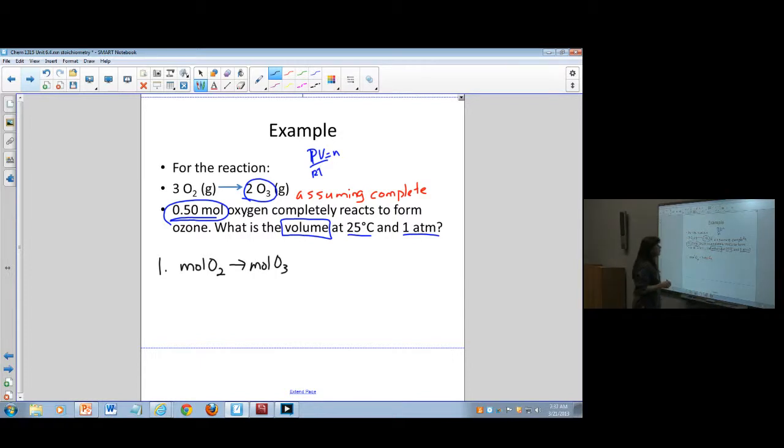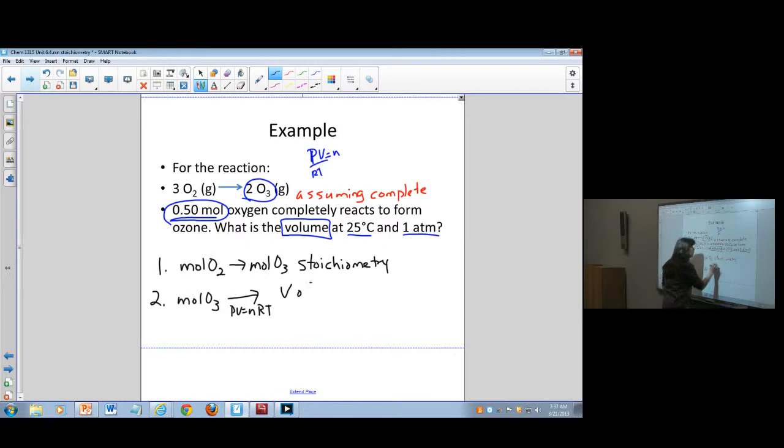All right, and I'm going to use the molar ratio to do that. So step 1 is stoichiometry in this problem. Then I'm going to take the calculated moles of O3 and apply them to the ideal gas law to answer this question about the volume of O3.